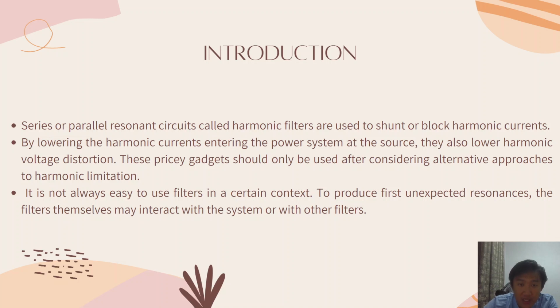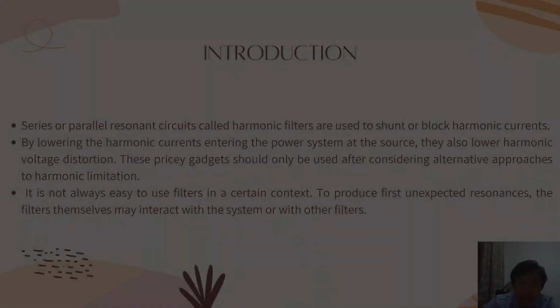These pricey gadgets should only be used after considering alternative approaches to harmonic limitation. It is not always easy to use these filters in a certain context. The filters themselves may interact with the system or with other filters to produce unexpected resonance.